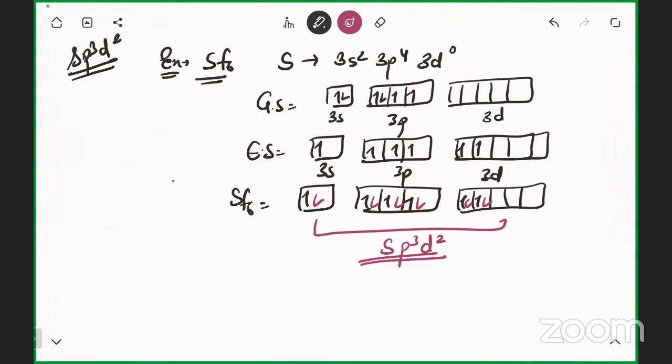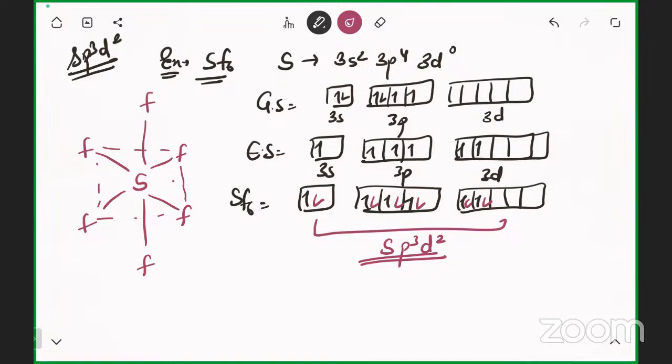Okay, what is the shape? Octahedral. So S will be in the middle, 4 fluorine atoms on its side, then 1 fluorine above, 1 fluorine down. This is known as octahedron.